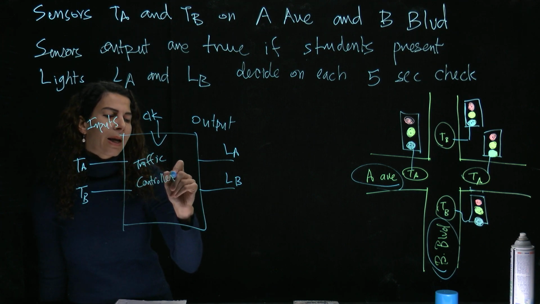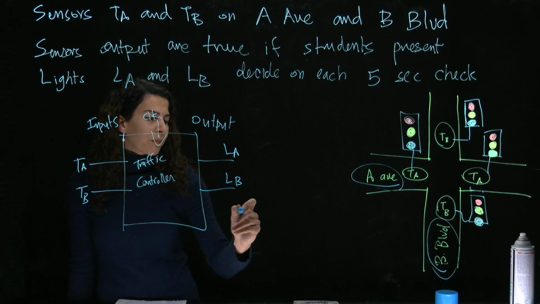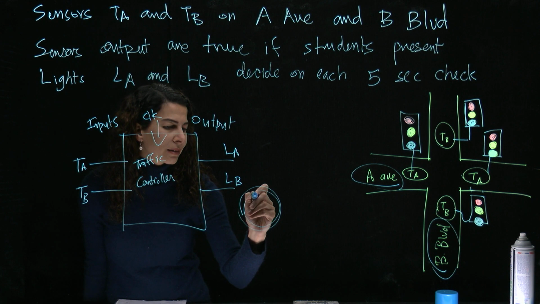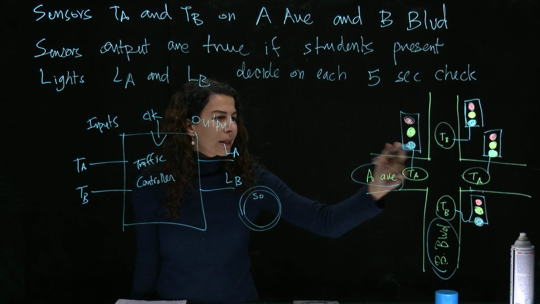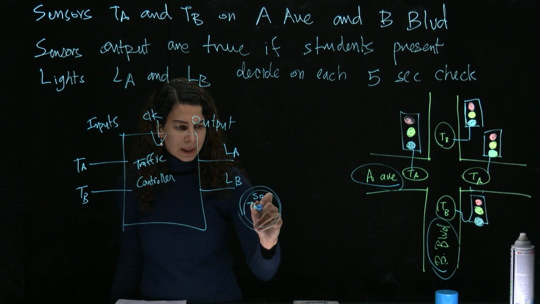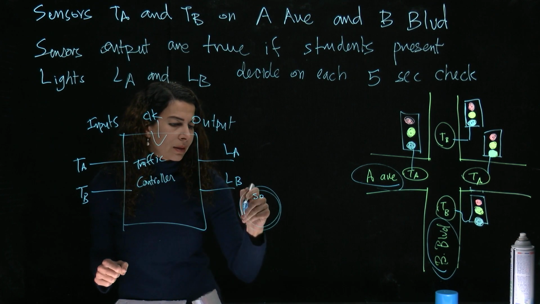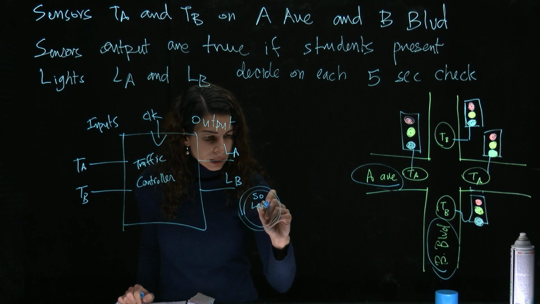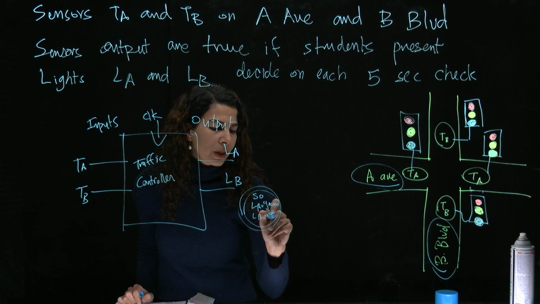So let's go ahead and design the finite state machine that corresponds to that. Let's assume that we are starting in a reset state, S0, where, no, not TA, sorry, the light A is green and the light B is red.